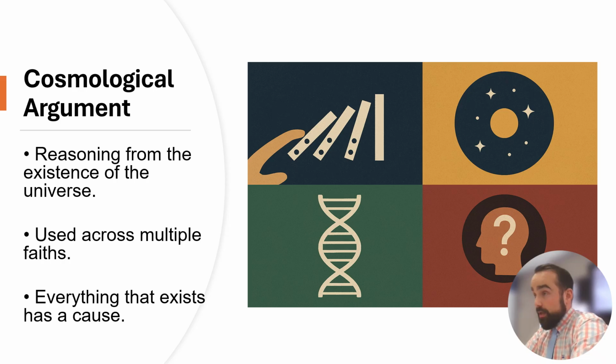The cosmological argument asserts that anything must have a cause or a sufficient reason for its existence. So this would really come down to the idea of a contingency. If something has a necessary existence, that is something that's different from something that has a contingent existence. Contingency means that it could fail, or it requires something else or an outside force to exist.